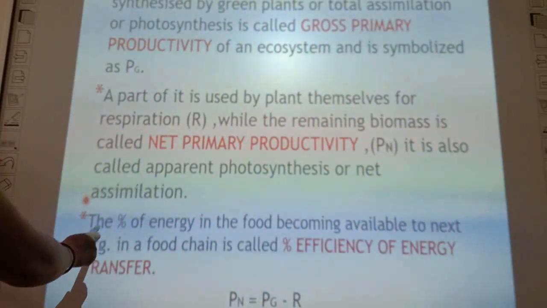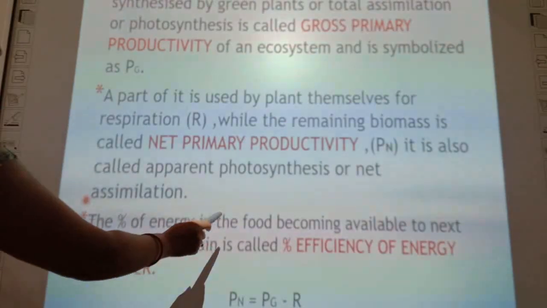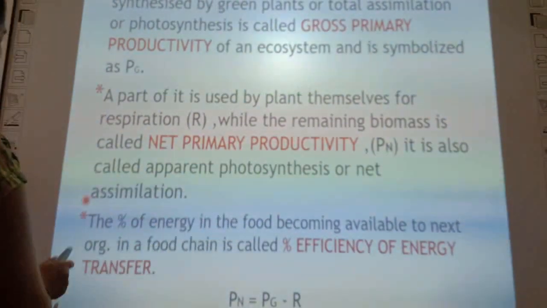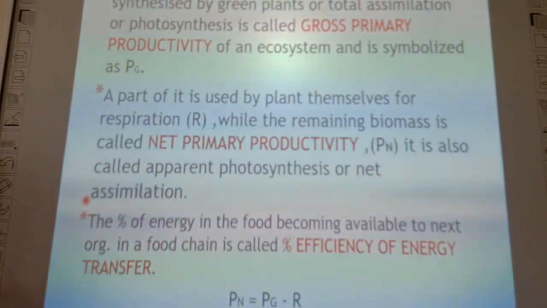The total percent of energy in the food becoming available to the next organism in the food chain is called percent efficiency of energy transfer, and this is denoted by PN = PG - R. Here PN is net productivity and PG is gross productivity.